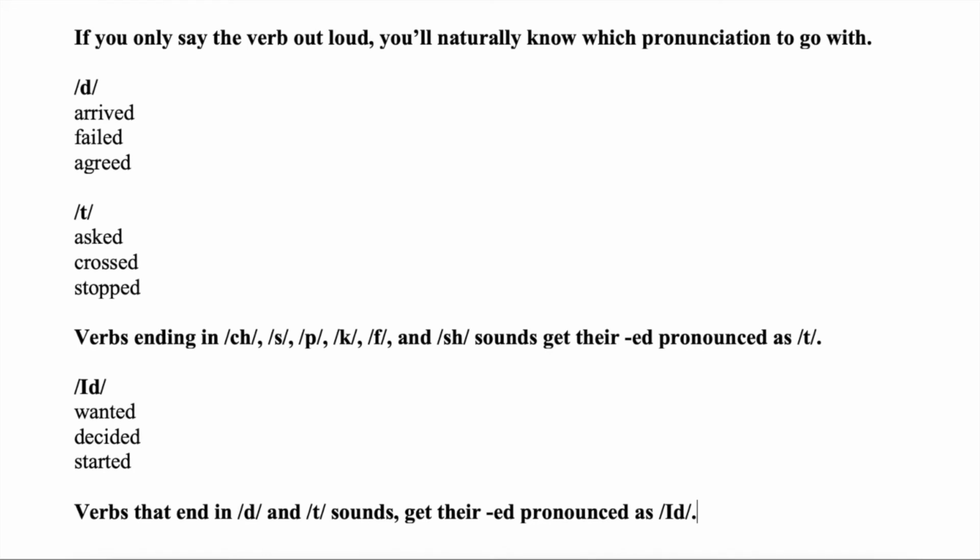Asked, crossed, stopped, t. Verbs ending in ch, s, p, k, f, sh sounds get their ed pronounced as t. Wanted, decided, started, id. Verbs that end in d and t sounds get their ed pronounced as id.